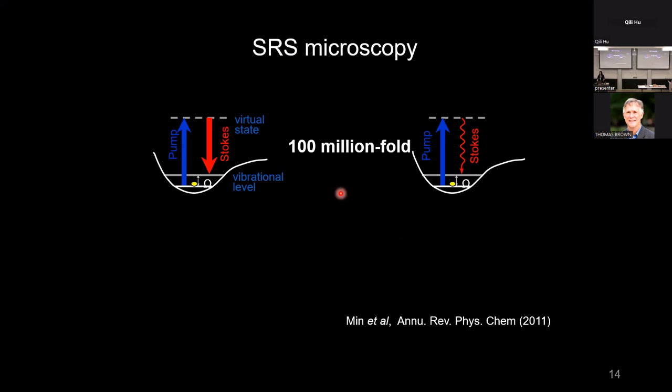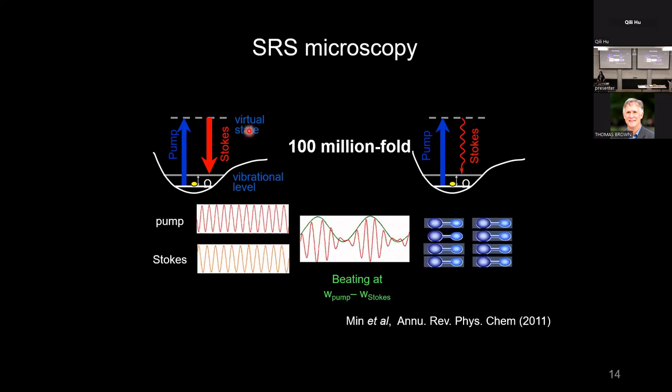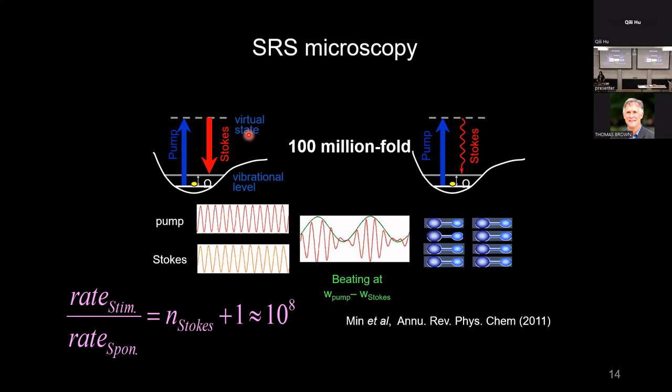That means instead of using only one laser beam as in spontaneous Raman microscopy, SRS utilizes 2 laser beams, the pump and the Stokes. When the energy difference between the pump and the Stokes laser beams matches the vibrational mode of the molecule of interest, then the sensitivity or the transition rate can be largely enhanced.